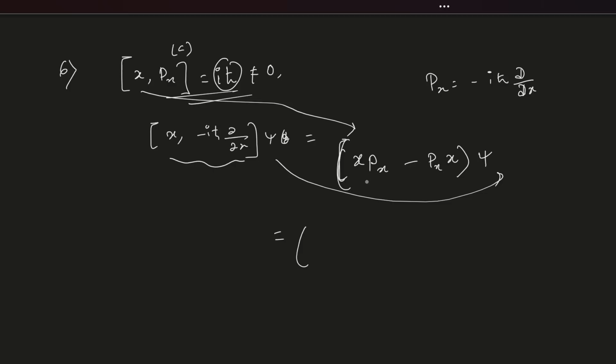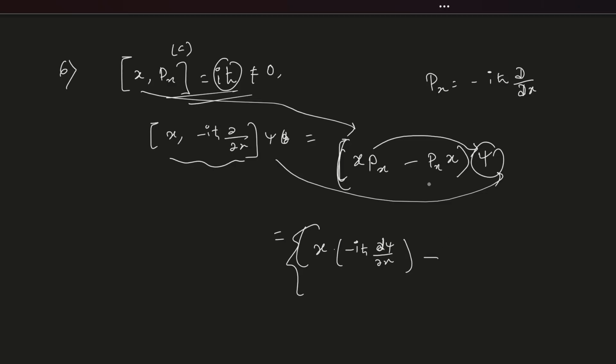Whenever it is an operator, it will be operated on some wave function. Because x is a position operator, it remains on the left, and then px is minus i h cut del x, directly operating on psi, so this gets d dx of psi, which is del psi del x, right?